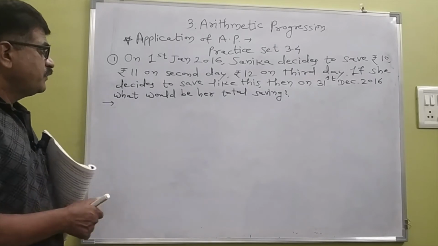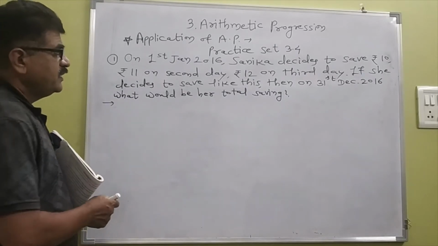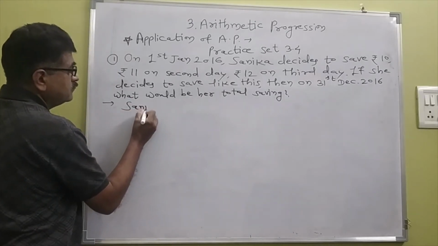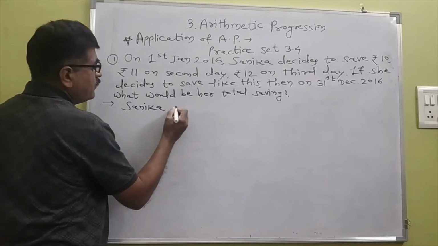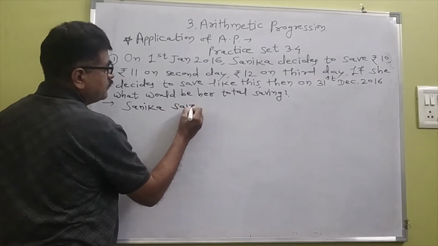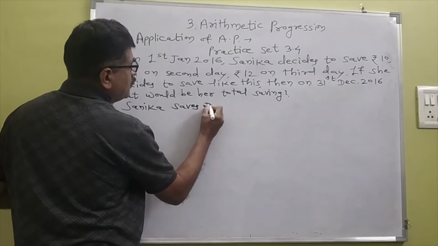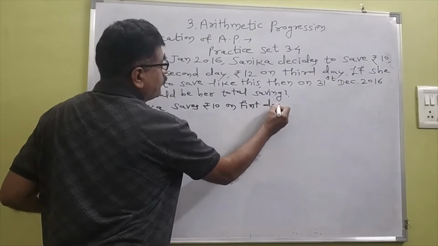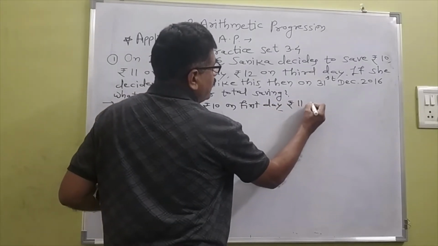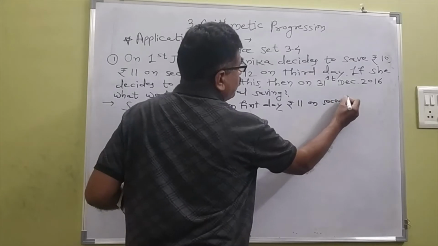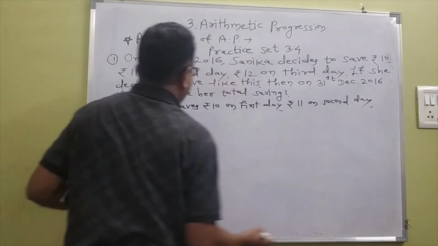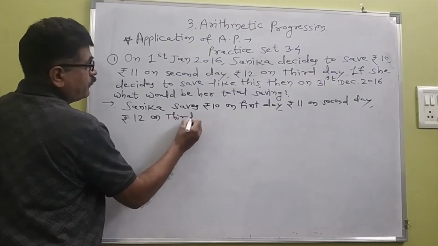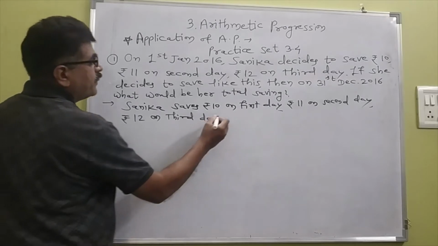Now here, first we write the given. Sanika saves rupees 10 on the first day, rupees 11 on the second day, rupees 12 on the third day, and so on.